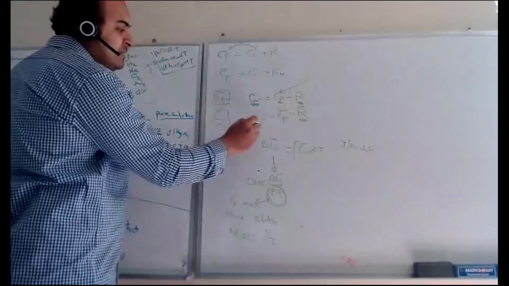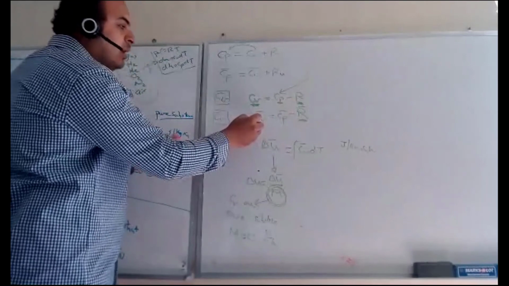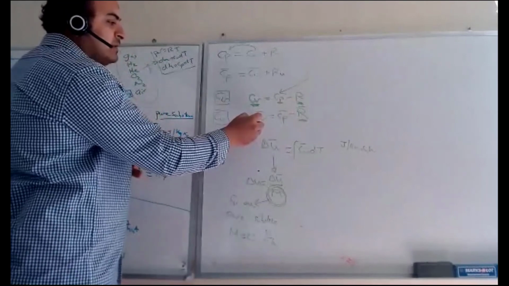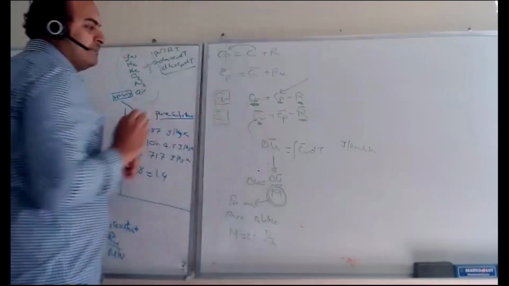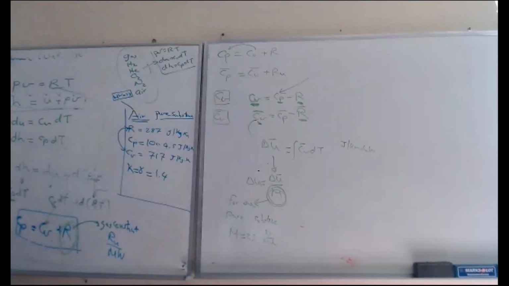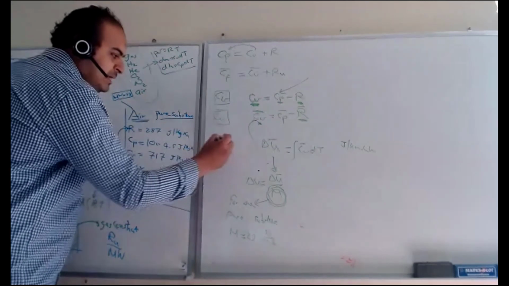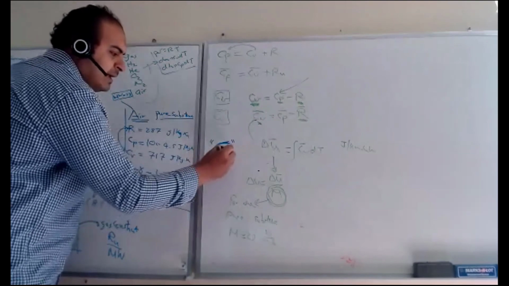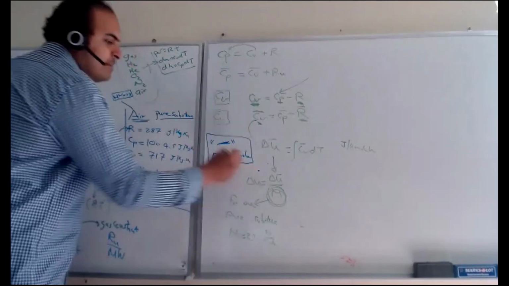But Cv bar is heat capacity per kilomole per Kelvin. So the difference is this is per kilomole, this is per kilogram. Okay, thank you. And that's the ratio of molecular weight, that's it. So any bar you will see means per kilomole. Without bar, per kilogram.